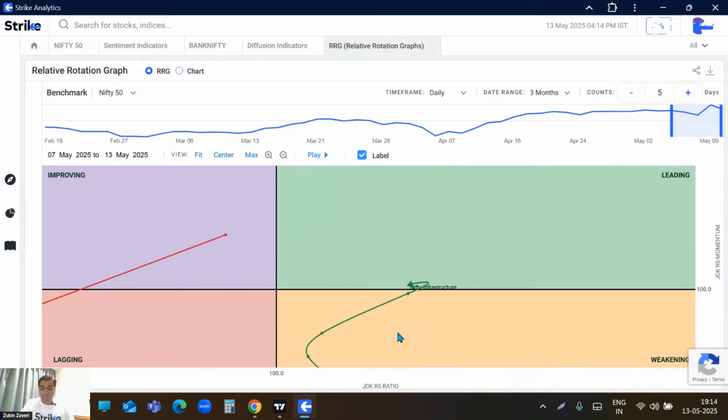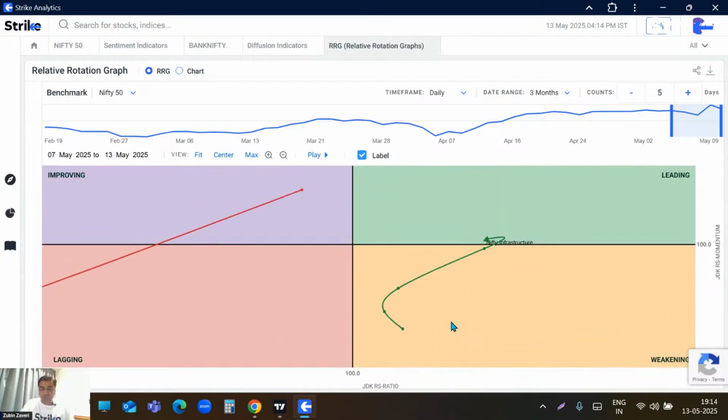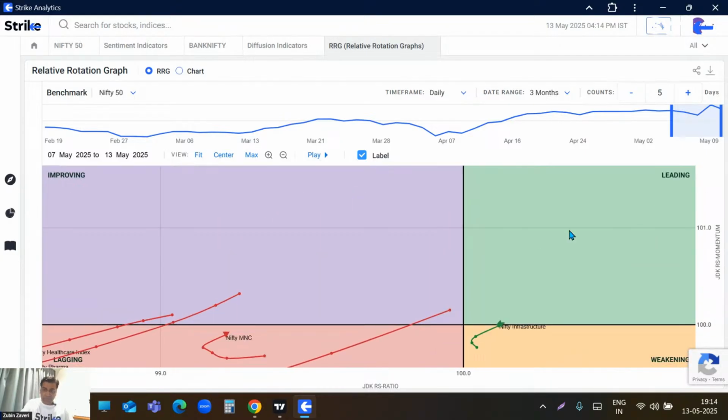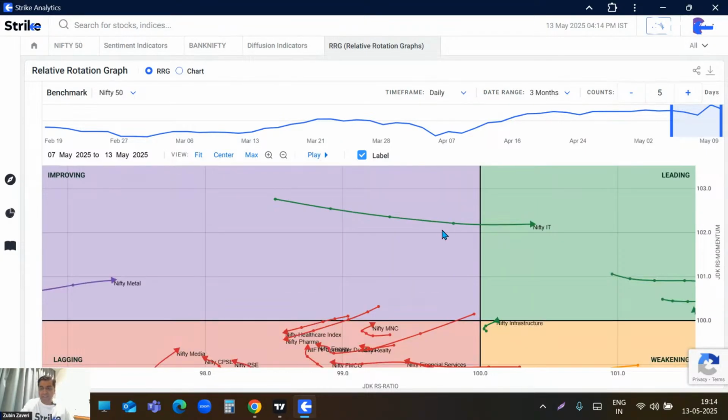Something like infrastructure. It was coming into the leading quadrant somewhere over here. Today it turned back down, but it is something where the momentum is steady, 102.21, 102.20, it has come down by 0.01, but the ratio has increased drastically.